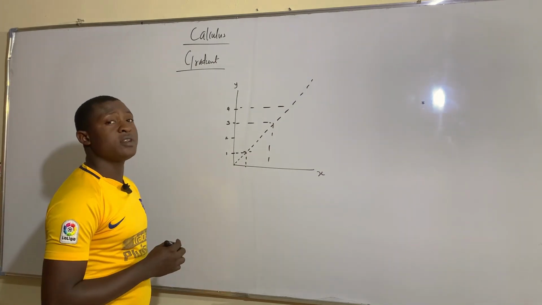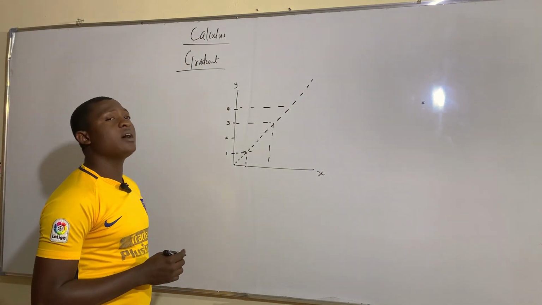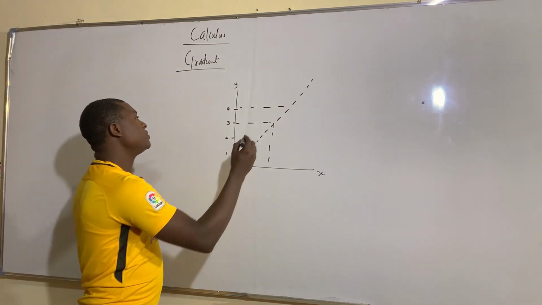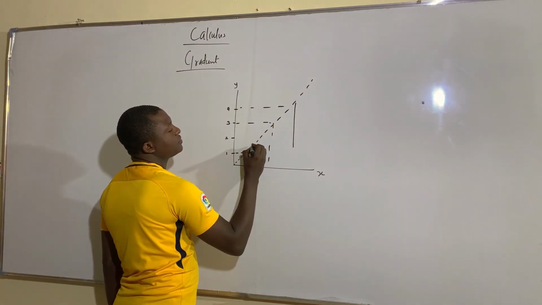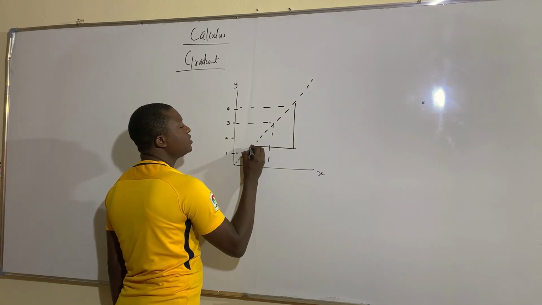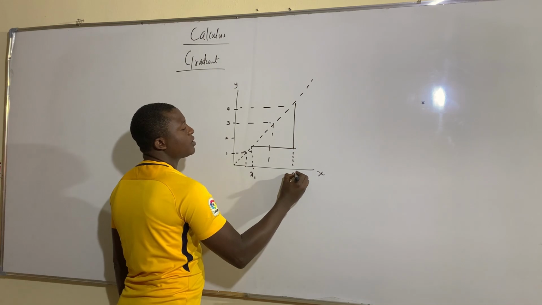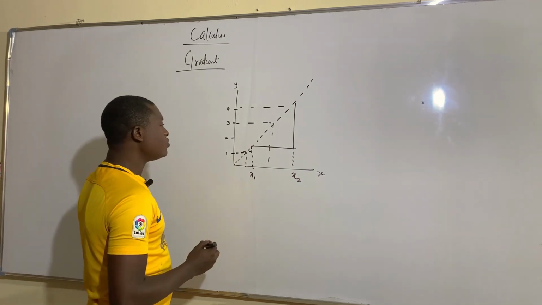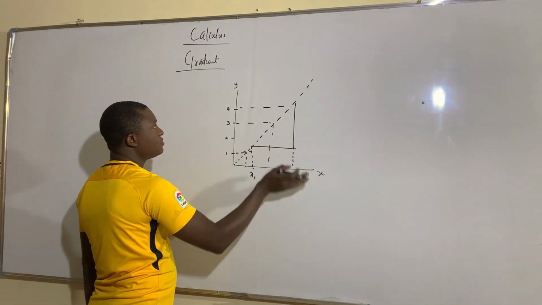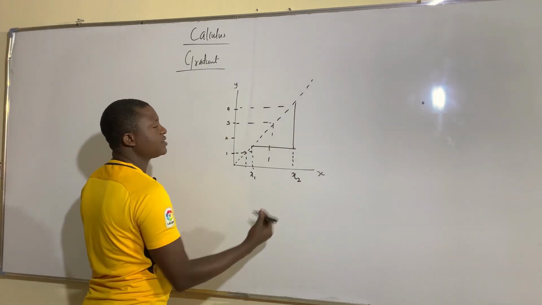Normally in physics practicals or simultaneous equations, I have to draw the right-angle triangle from which I can find my x1 and my x2. Normally this is the y-axis and this is the x-axis.